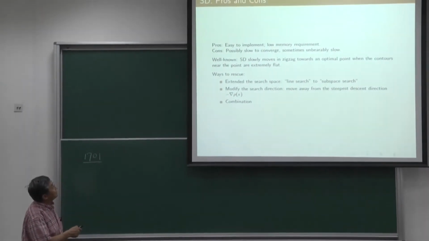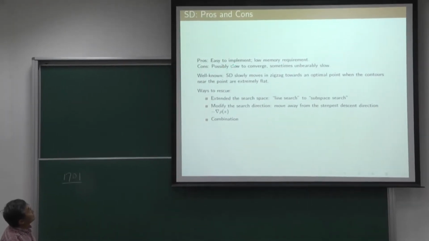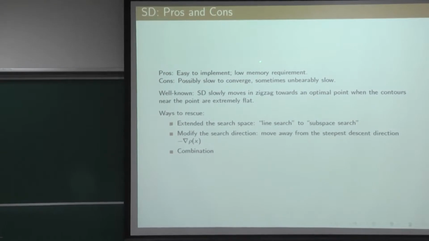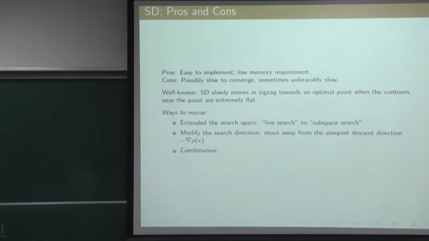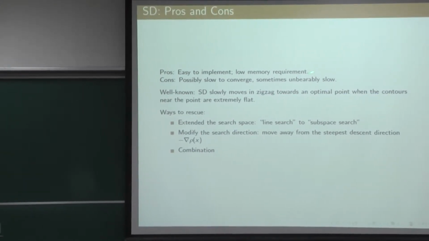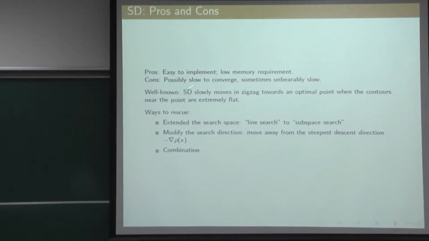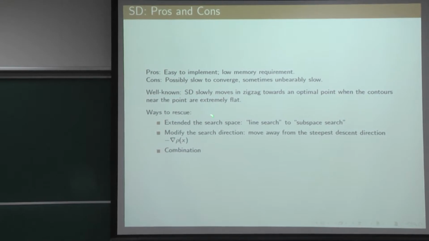We mentioned two shortcomings. One is usually slow convergence, depending on the function, and then it has good points too. We talked about two different ways to improve them, and we mentioned one of them called expand the subspace, right? So modify, let's see, extend the search space.